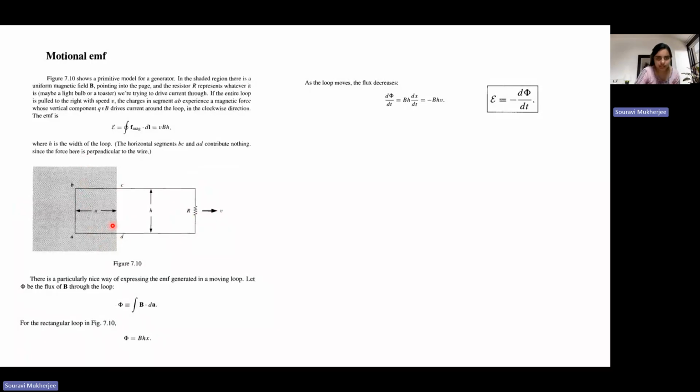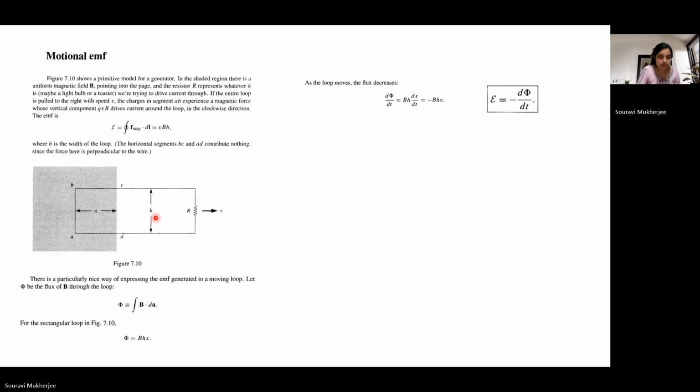Now, an interesting experiment was performed, and it was seen that when you move this loop with some velocity v, there was a current getting generated in the circuit. Current meaning there will be some current flow, which means that there is a potential difference, right? Basically, an EMF gets generated.